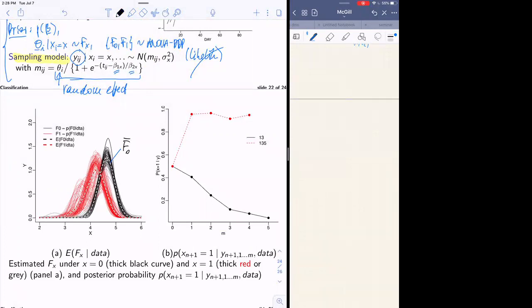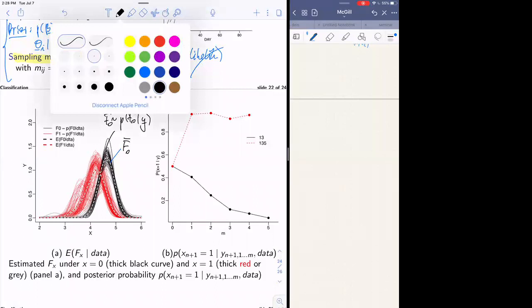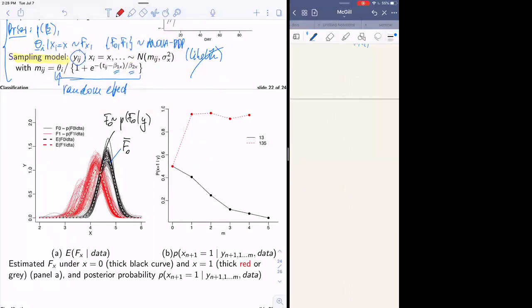And the many spaghettis show draws from the posterior, f null from p of f null given the data. And similar in red, that shows the f1. And again, the dashed line shows the posterior mean. And all the spaghetti show the posterior uncertainty.